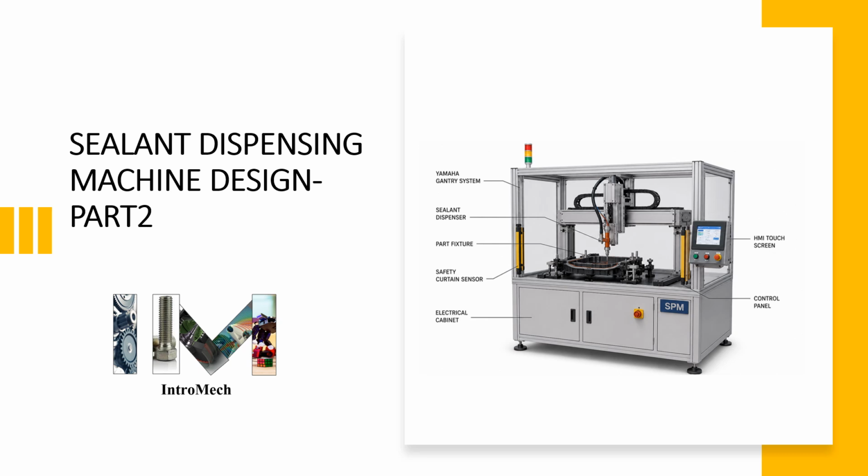What is more important from a design point of view is to understand the basic terminologies, the basic approach, and the concepts. Again, this is one approach to design the machine. There could be different alternatives for any of the concepts we will be discussing. So without wasting time, let's get started.